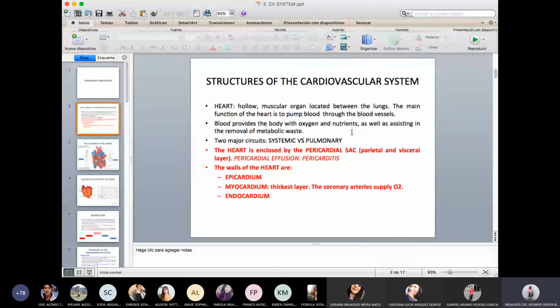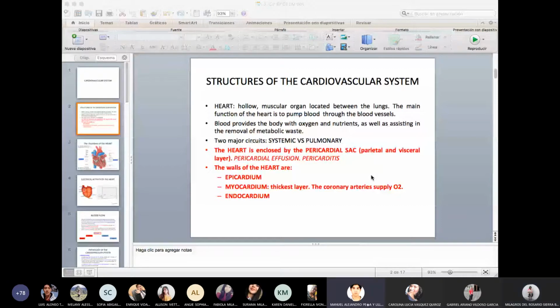We have two major circulations: the systemic circulation and the pulmonary circulation. Do you know which one has venous blood and which one has arterial blood? Which circulation carries arterial blood and which circulation carries venous blood?